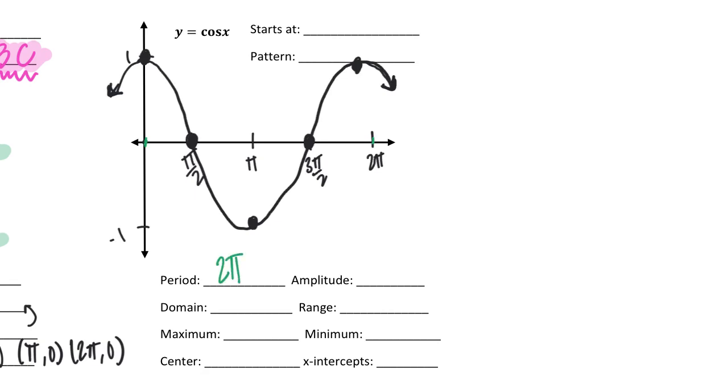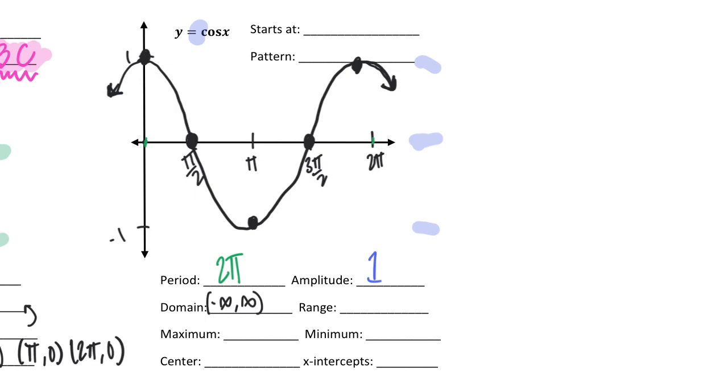The amplitude is the distance from the center to the top, or the center to the bottom. Remember, it's always a positive value. You can also find it by looking at the coefficient of cosine, and in this case, it is 1. Amplitude of your parent function is just 1. Domain, we spoke about yesterday, is just negative infinity to positive infinity.